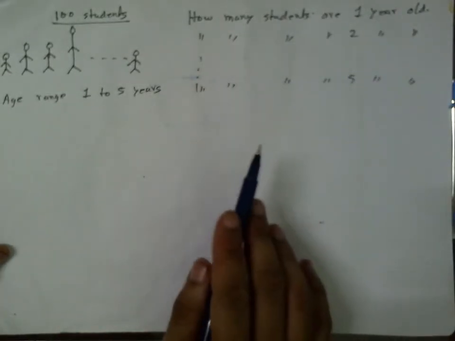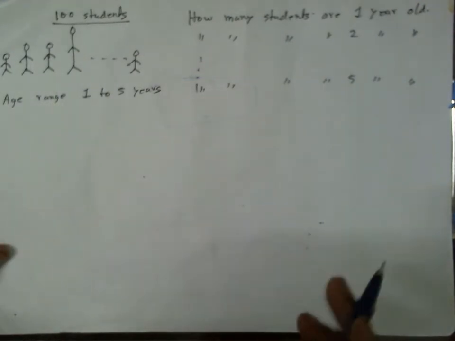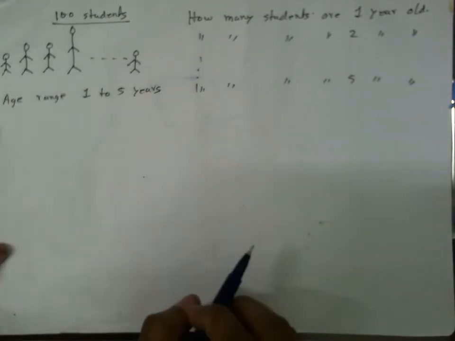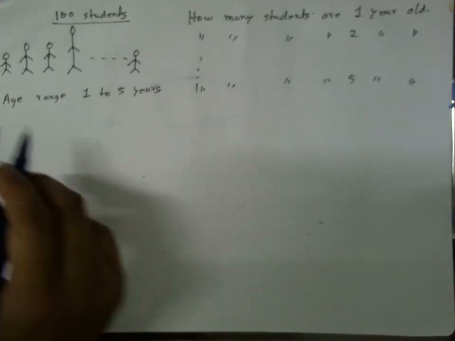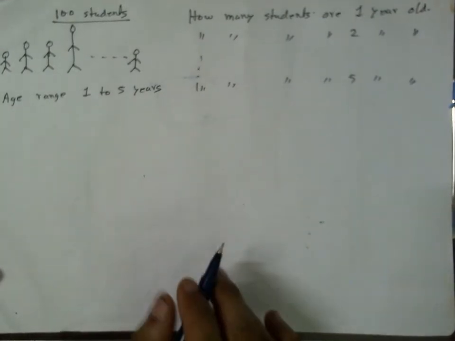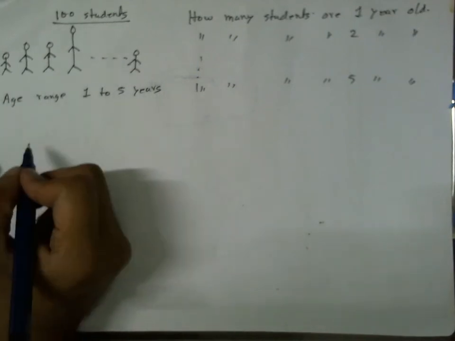To get the answer, I cannot ask the students about their age. That's the riddle, that's the puzzle I impose. So I cannot ask them how old are you. What I can do is rather observe when they get admitted into school.